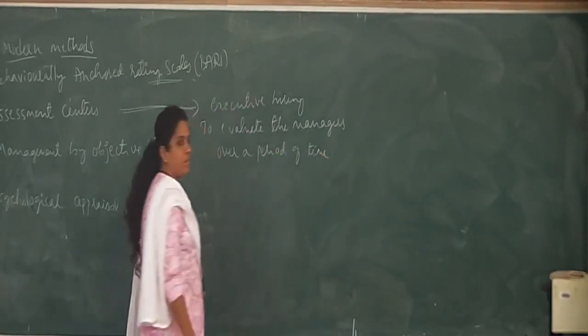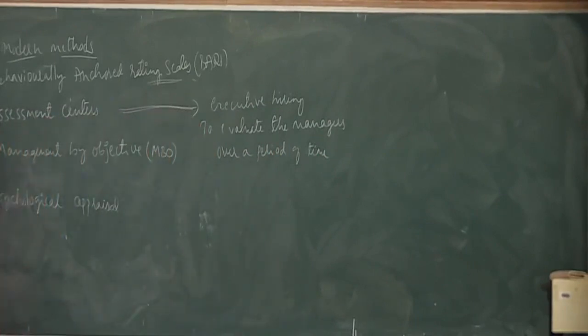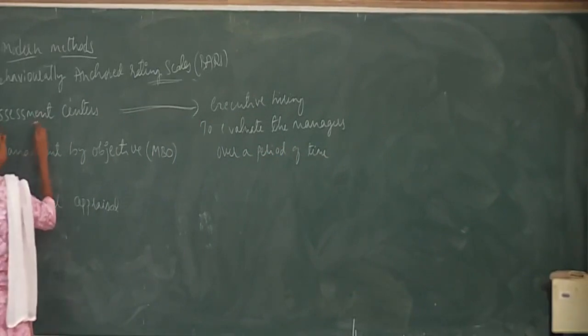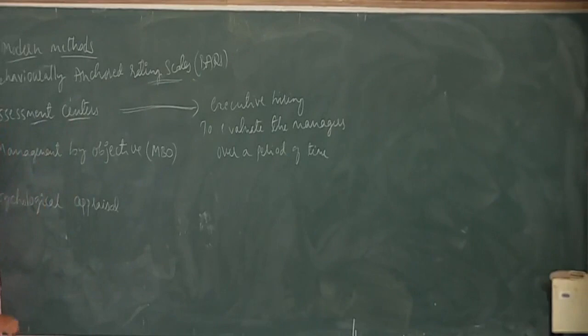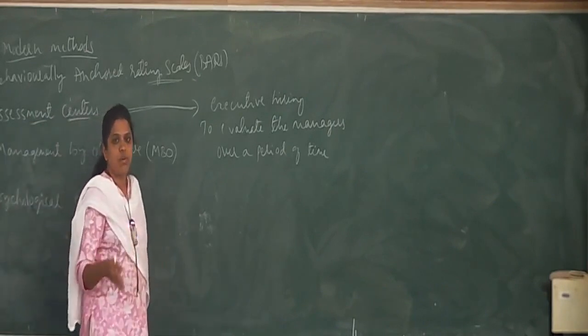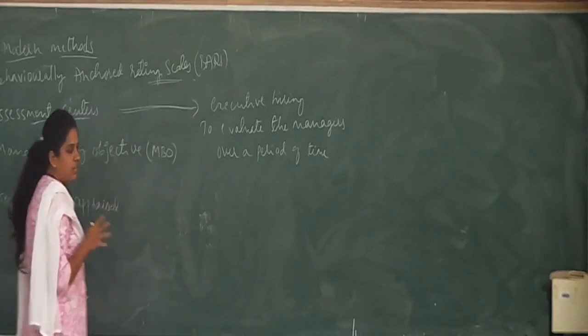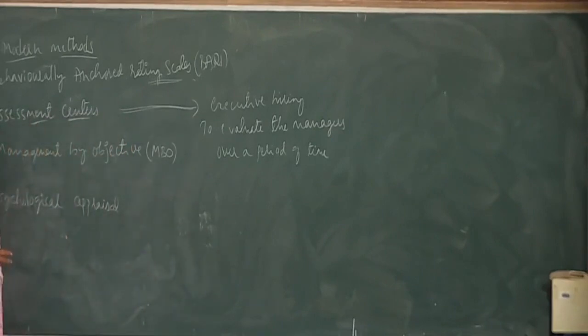So what actually happens here, and why is it called an assessment center and not some rating scale method or some other method? It is called an assessment center because all the people involved in this process, that is, the people who are getting evaluated, whose performance is being appraised, that is the managers and executives, and the raters and appraisers, come together in a room called the assessment center.